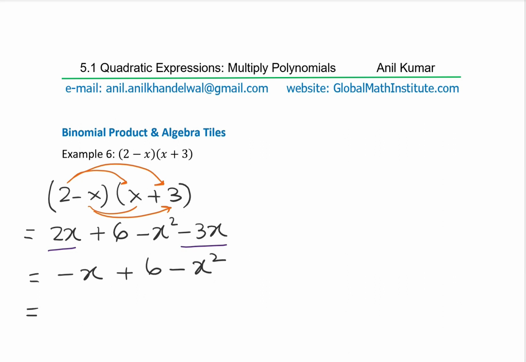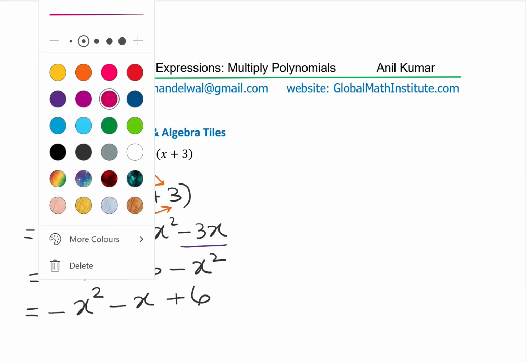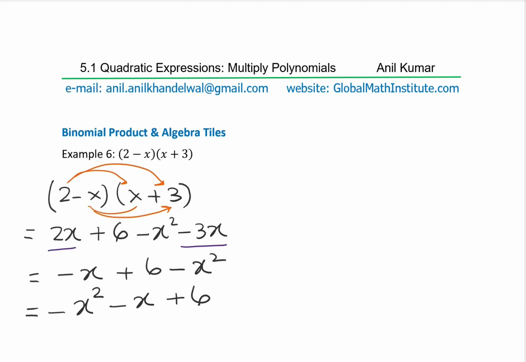Now, it is a good practice to always write polynomials in an order with decreasing degrees. So the leading coefficient minus 1 for x squared, highest degree is x squared, 2 is the highest degree, that will come first, then minus x, and then plus 6. So what you note here is that whenever we're talking about polynomials, they should be written in decreasing order of term degrees.